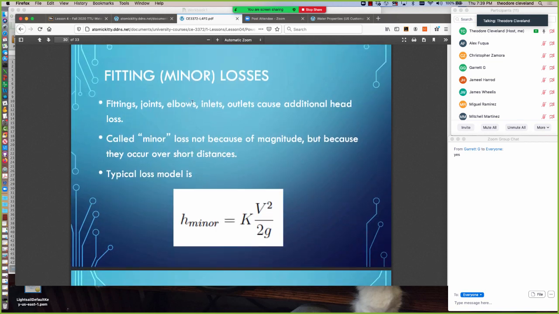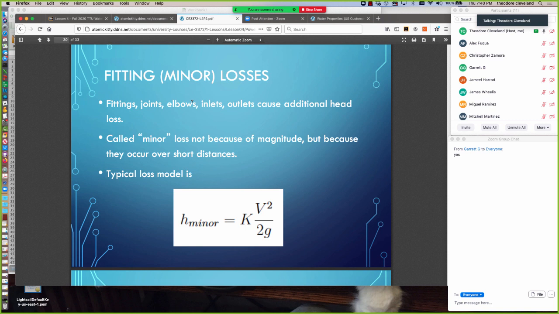The next topic I want to refresh your memory on is fitting losses. They're also called minor losses. So fittings, joints, elbows, inlets, valves, outlets, bends cause additional head loss in a pipeline system. They picked up the name minor loss not because of the magnitude, but because they occur over short distances. And the typical minor loss model is the minor head loss is equal to a constant K, called the minor loss coefficient.